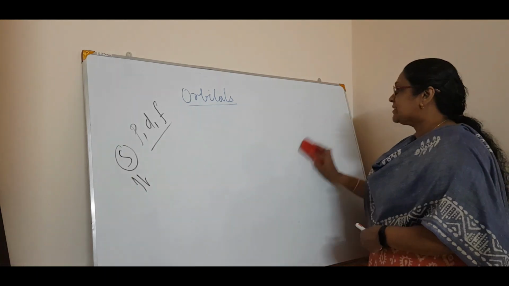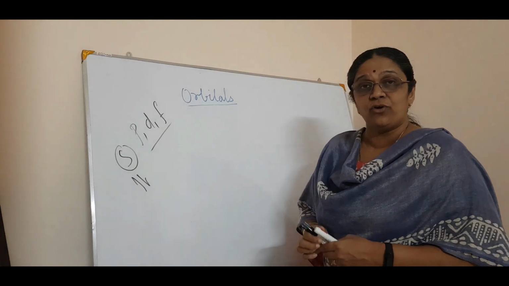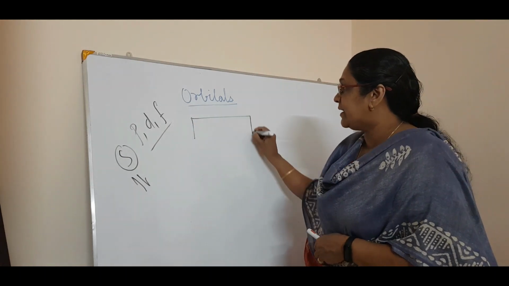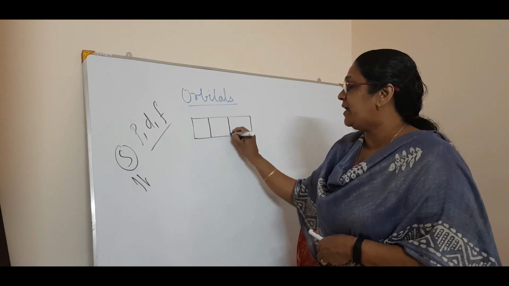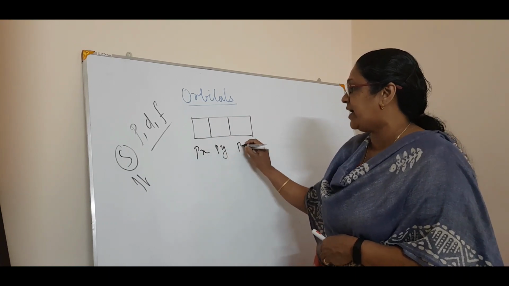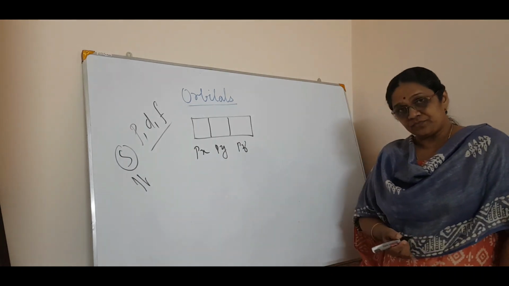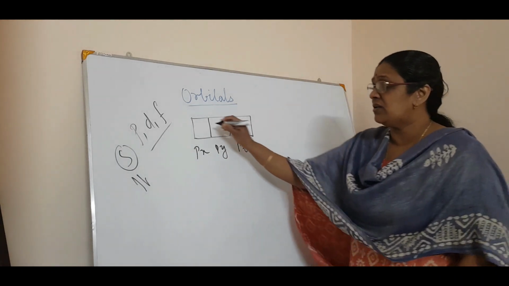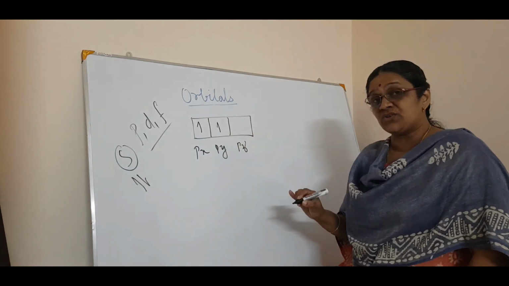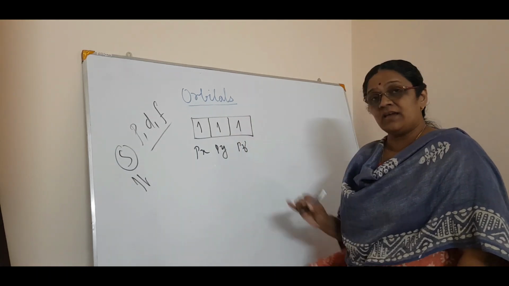What do you mean by half-filled and full-filled stability? In the p orbital, there are 3 orbitals: px, py and pz. If there is 1 electron, you place it here; for 2 electrons, Hund's rule; for 3, yes.